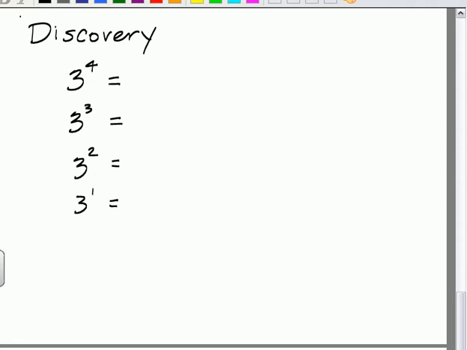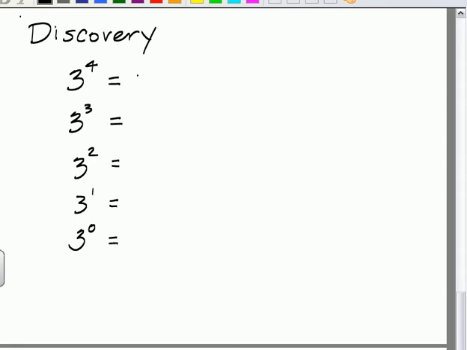What I think mathematics is, is patterns and relationships, and what governs those patterns and relationships. So I love looking at patterns. What I've done here is I've set up a pattern. I've got the base of 3 every time, and then I've got the exponents. I go from 4 to 3 to 2 to 1 because I'm really interested in continuing that pattern, and so that would be a 0.